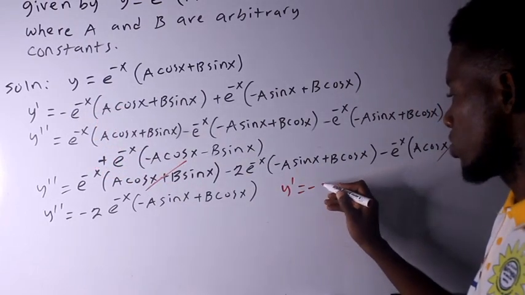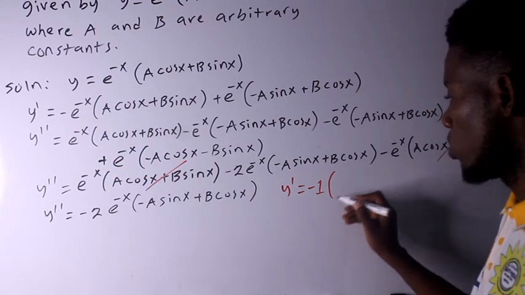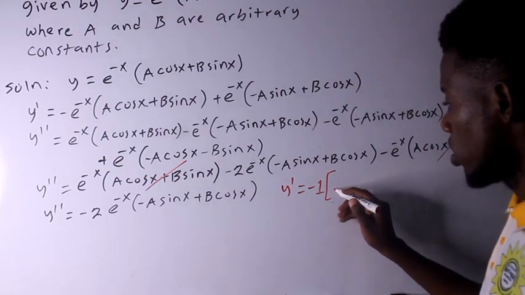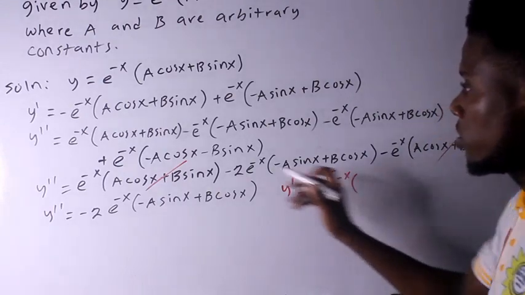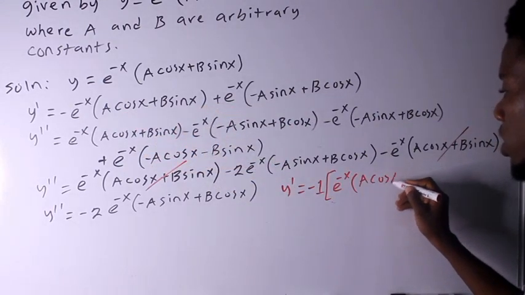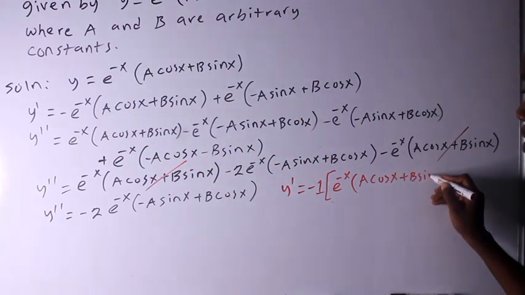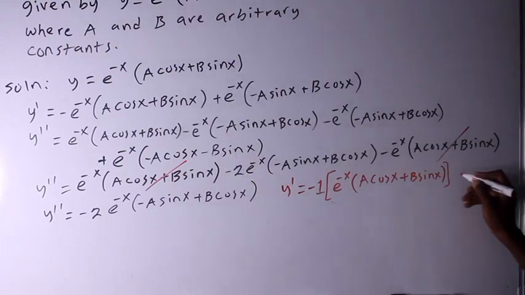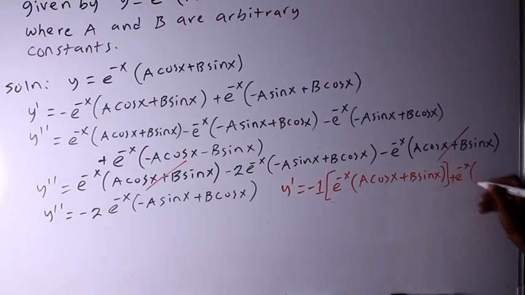So it's minus, I'm just going to write minus 1 onto, I'm going to use a bracket, e to the minus x, parenthesis, a cos x plus b sine x, and then plus e to the minus x onto minus a sine x plus b cos x.